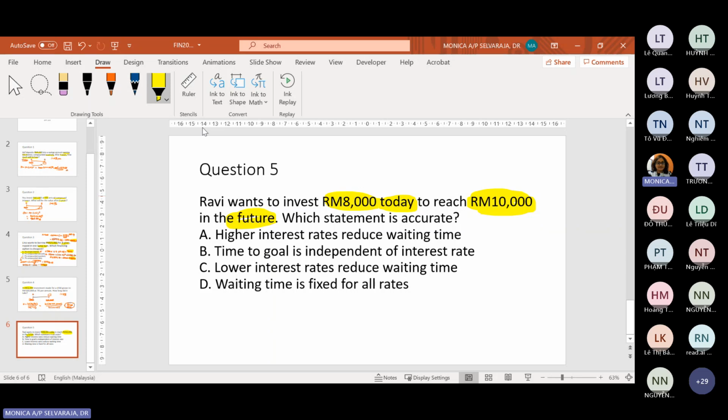Lower interest rate reduces waiting time. Waiting time is fixed for all rates. What do you think the answer is? Anyone want to try? Try out.